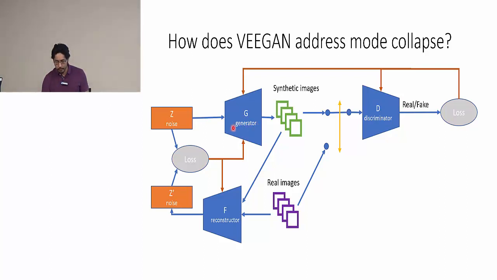So for the synthetic images, the reconstructed noise should match the initial noise that was fed into the generator, and the difference between that noise and the initial noise is used to generate another loss, which is used for the learning of the generator and the reconstructor networks.